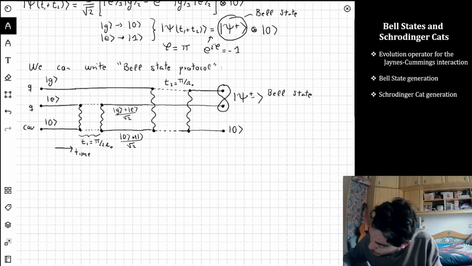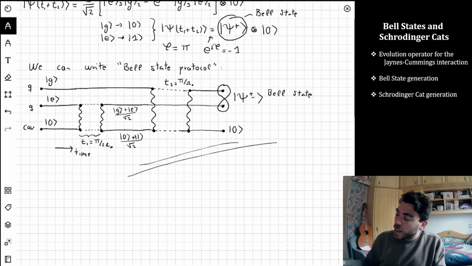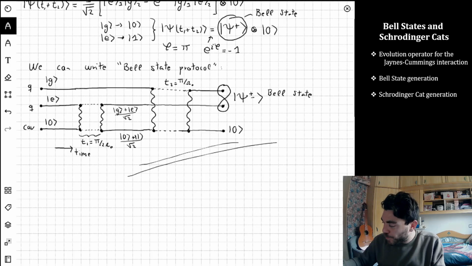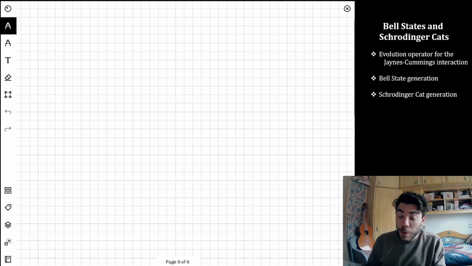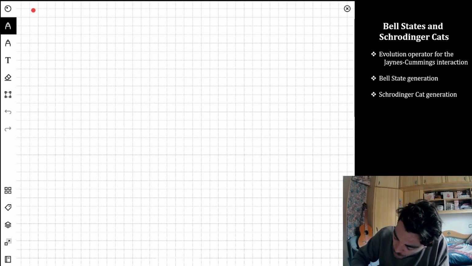Alright, and this was our protocol to create Bell states, which I think is pretty cool. And I hope you are with me. Anyway, now let's see if we can create, to finish this video, the Schrodinger cat states.